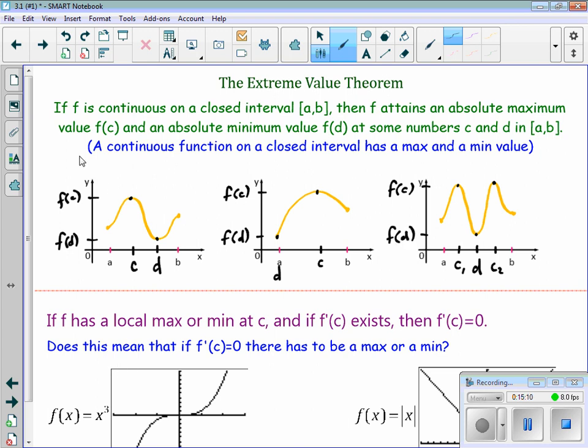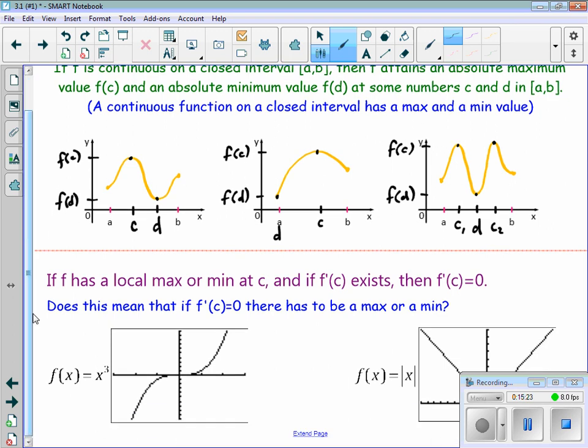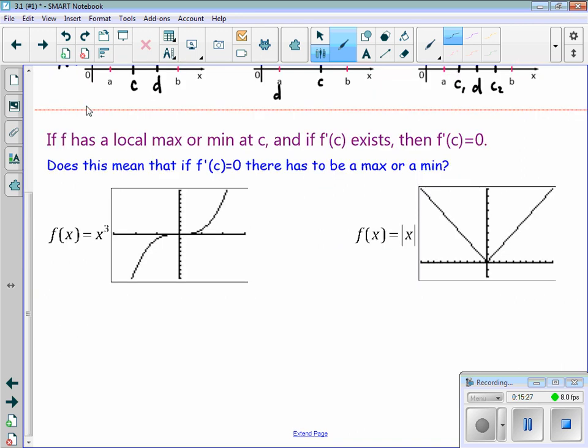Okay, so what's down here in blue is kind of an easier way to think about it. A continuous function on a closed interval has a max and min value. So there has to be a max and min. You can't say it doesn't exist. Now down here, you just have to be careful of what it's asking you. It says, if f has a local max or min, and the derivative exists, so it just means there's not like a corner in the graph, so you can find a slope, then the derivative equals 0.